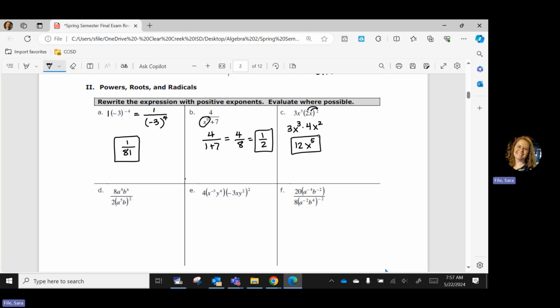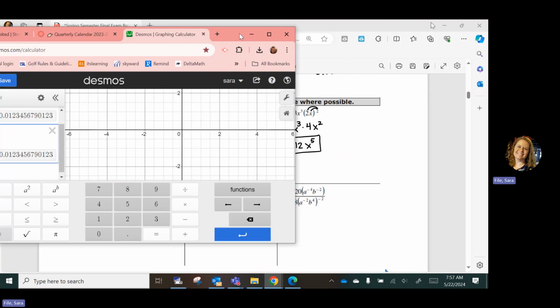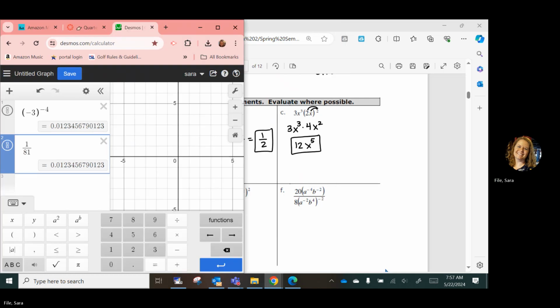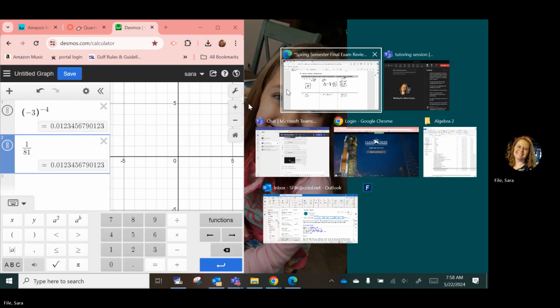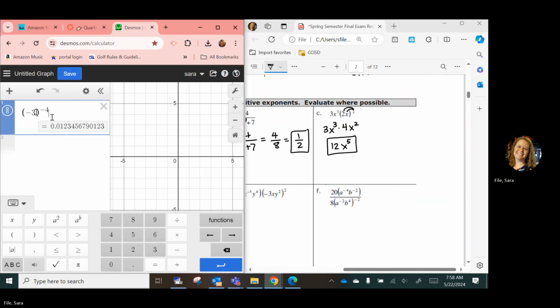Now, you couldn't have solved that in the calculator, but you could check it. Look at how I could check to see if I simplified that correctly. Because I could type in the way that it's written. It was written as 3x cubed times 2x squared.